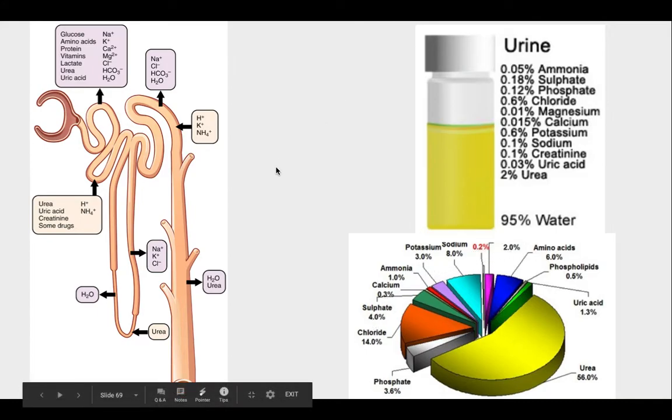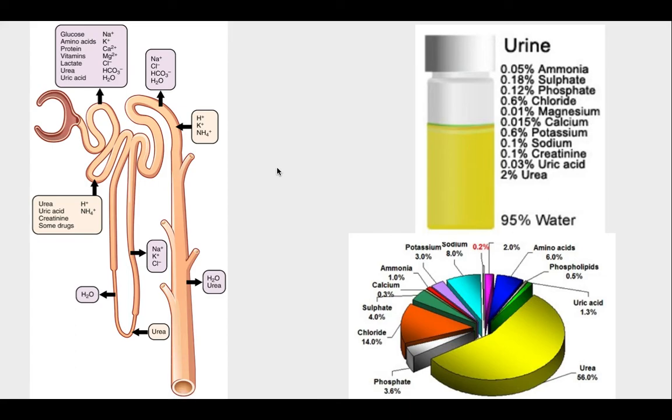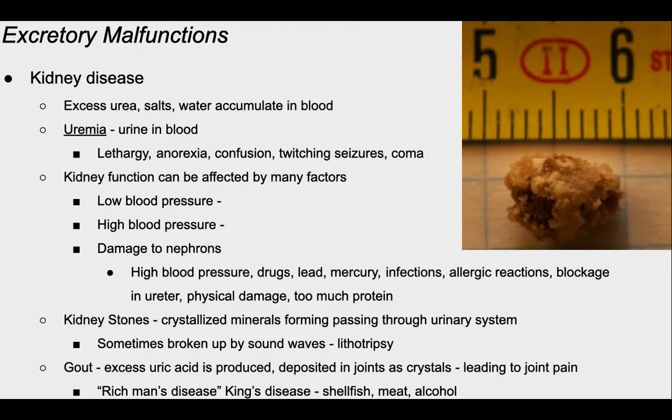You can see them all listed here. The nephron and the kidney itself helps regulate and maintain the proper balance, adjusting which materials are excreted and which are kept based on the conditions of the organism, of the person, in order to maintain homeostasis.